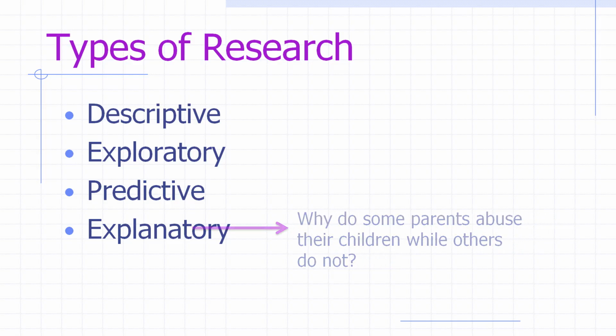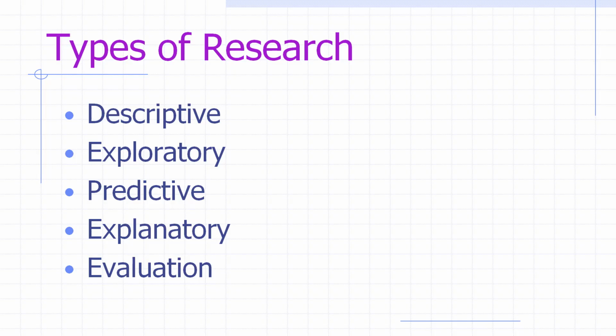And then lastly, we have evaluation, which I mentioned earlier. But if you notice the word value or part of the word value is in evaluation, we're trying to put some sort of value on a particular treatment or intervention or policy. We want to say, is this of value? Did it work? Is it effective?